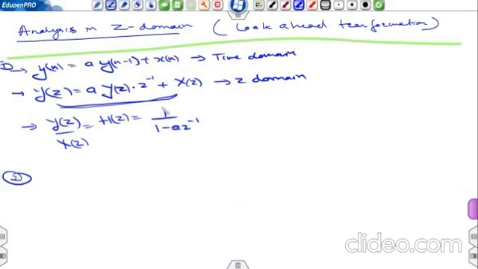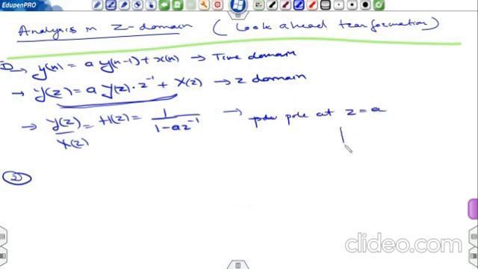Okay, so looking at this equation, it is having a pole at z equal to a.